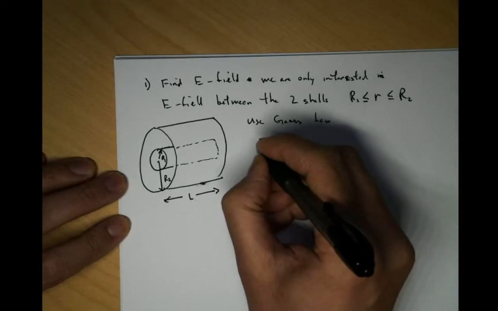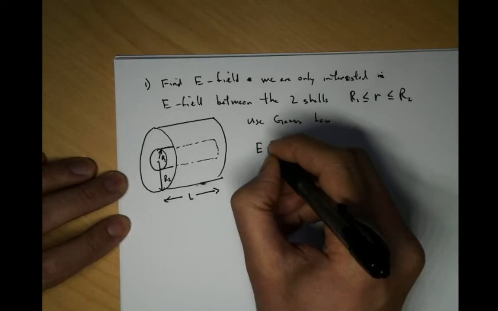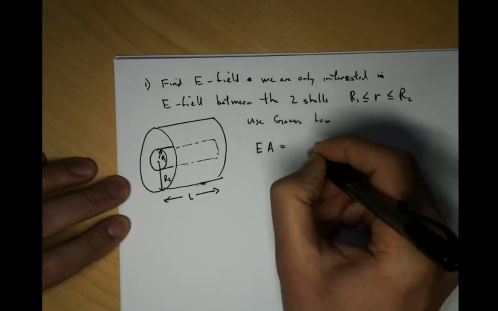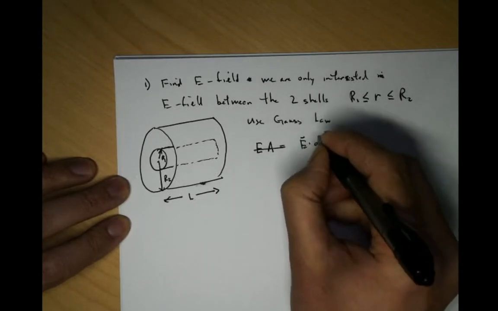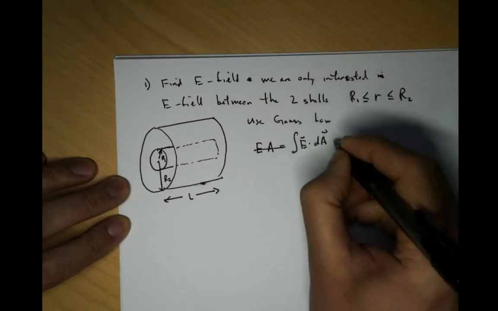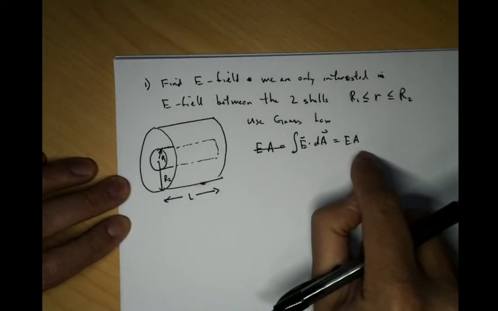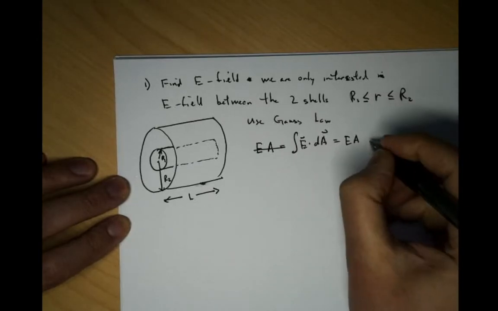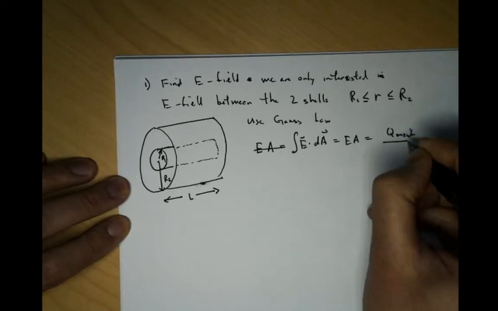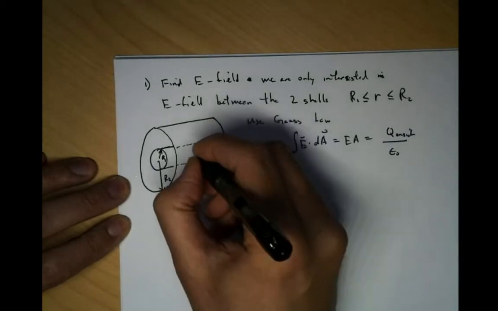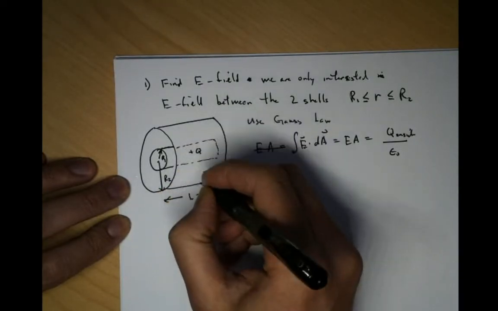It's going to be E times A, or technically it's the integral of E dot dA over some surface, which is going to be E times A, because if it's not E times A, it's too hard to figure out. So it's equal to Q inside over epsilon naught. I believe this was plus Q, and this was minus Q.